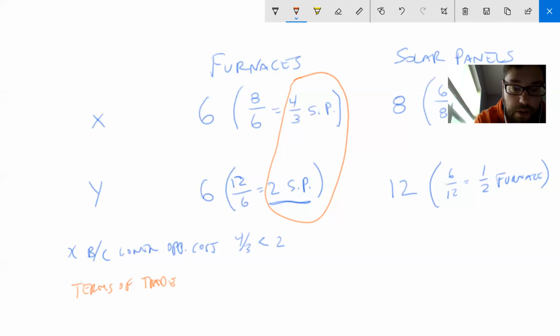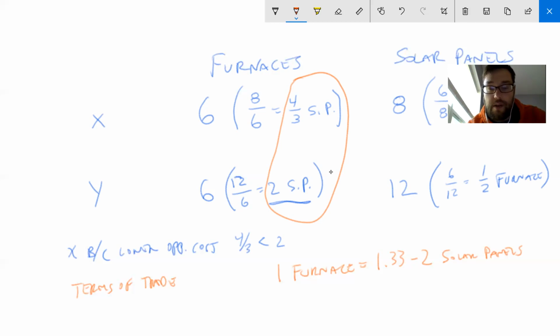So, and we're talking about, let's see, one furnace. And now again, we're just writing the range here now. So let's change that 4/3 to 1.33 to 2 solar panels.